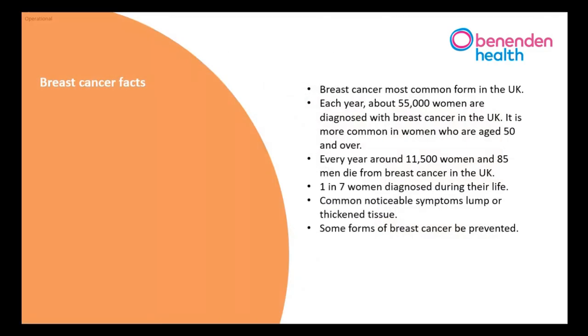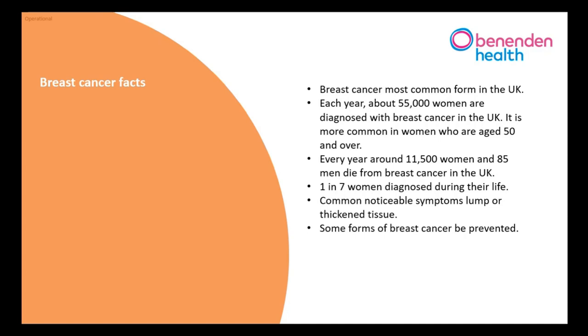So breast cancer is the most common form of cancer in the UK. Approximately 55,000 women are diagnosed with breast cancer in the UK every year. It's the most common form of cancer in women aged 50 and over. And every year, unfortunately, something like 11,500 women will die from breast cancer, and 85 men will die as well in the UK.